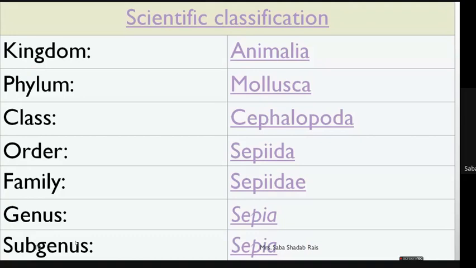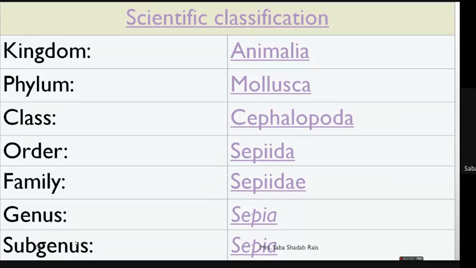There are 10 phyla. It is very important to learn this sequence by heart. So how do I remember it? KPCOFGS: kingdom, phylum, class, order, family, genus, species.